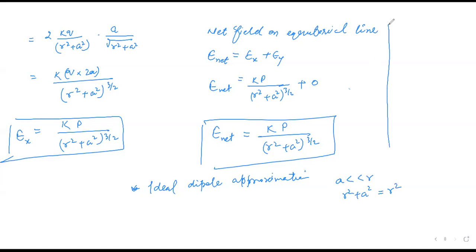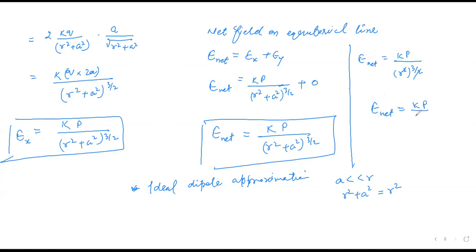Now when you put this value in the equation, you get E net is equal to kp over r square to the power 3 over 2. Finally, you get E net is equal to kp over r cube, where the value of k is 1 over 4 pi epsilon naught. Note it down, please. Clear?